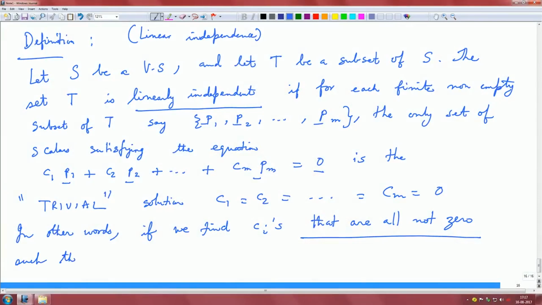Such that sigma i equals 1 to m Ci Pi equals 0. Sometimes, with a slight abuse of notation, you may omit the bar for 0, but you have to imagine that it is a 0 vector. There is a difference between a 0 scalar and a 0 vector, and here it is a 0 vector.